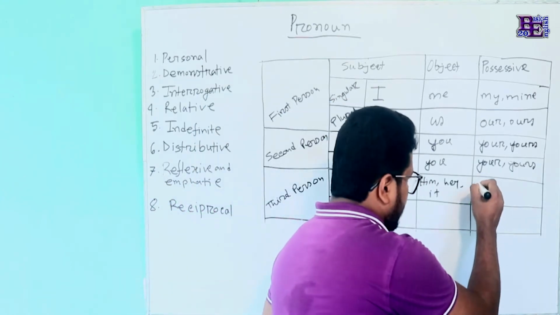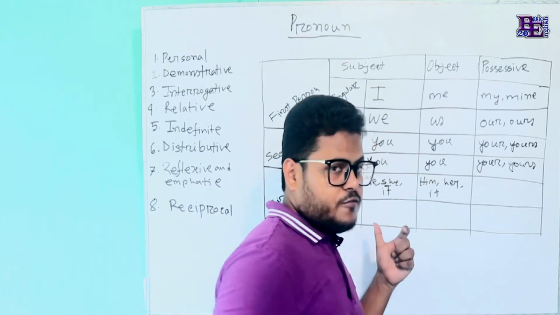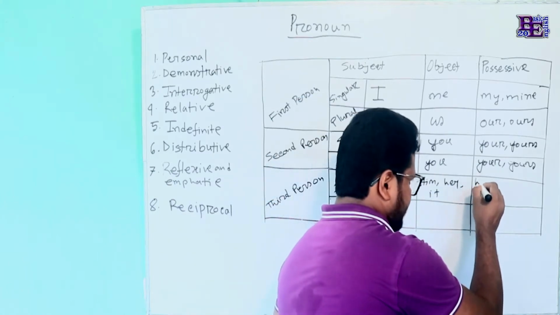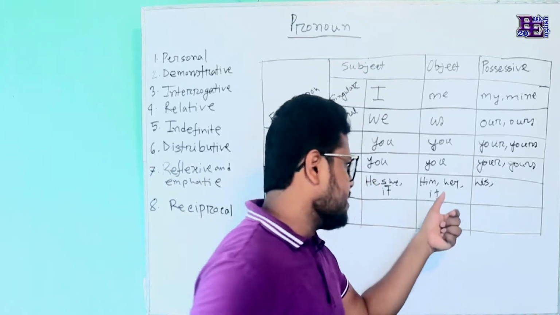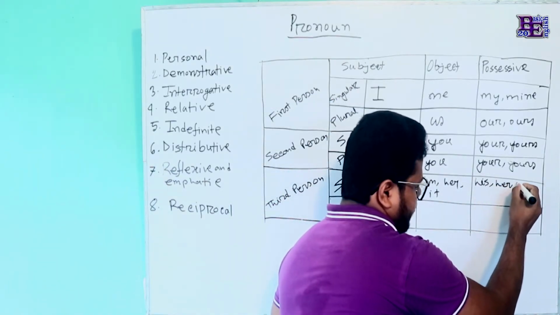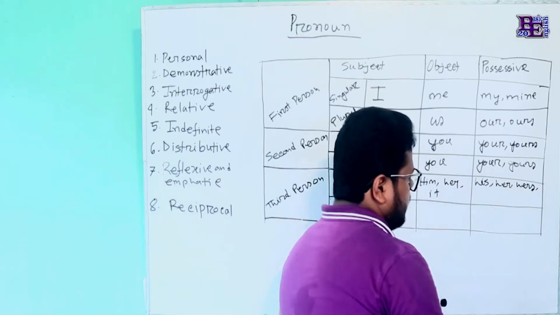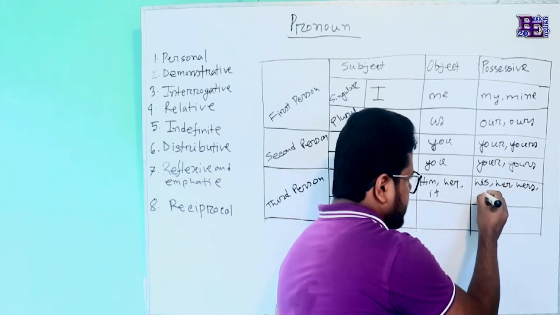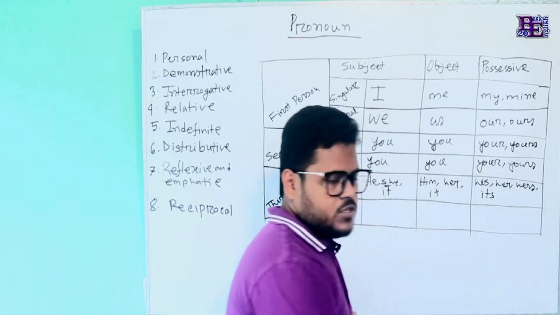The possessive form of he will become his, and her will become her itself, or you can write hers. Okay, and the possessive form of it is its.